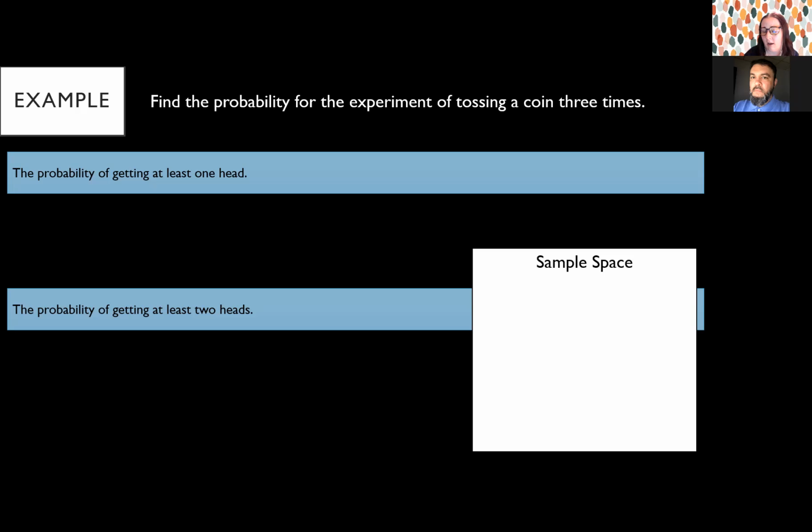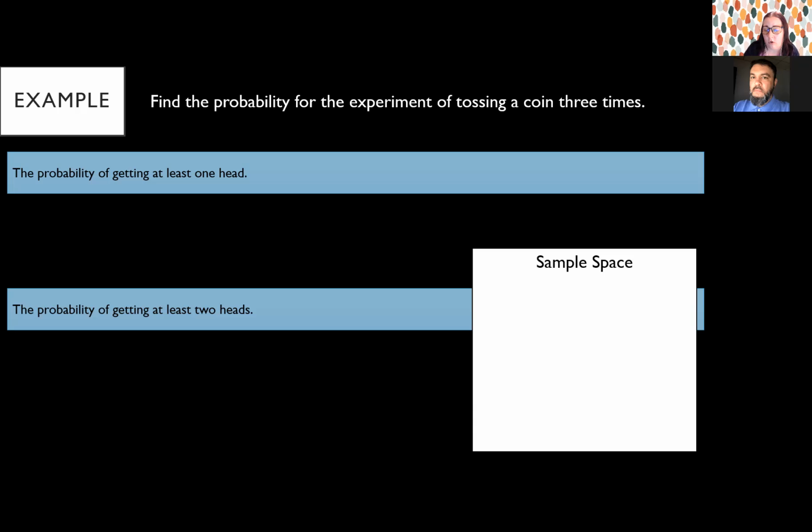You can get a head or a tail. You might get a head first or a tail first. Order matters, so we're going to keep that in mind. And so we want to find the probability of getting at least 1 head, and then the probability of getting at least 2 heads.